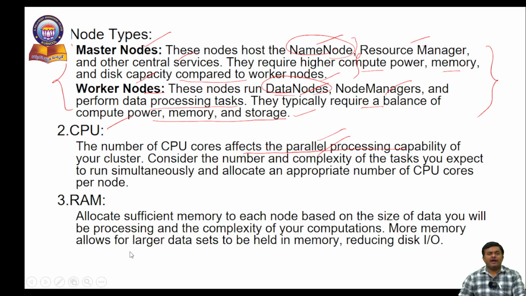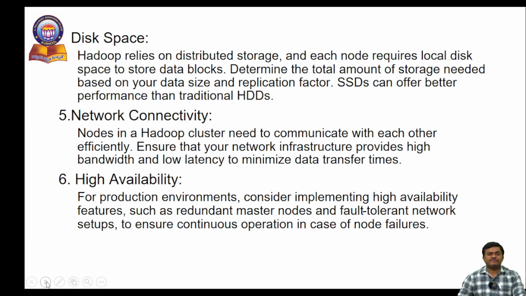More memory allows larger data sets to be held in memory, reducing disk input and output operations. That is, if it has large memory allocated to the system, it can hold large data in memory, which directly reduces the data transfer between memory and the hard disk storage devices.